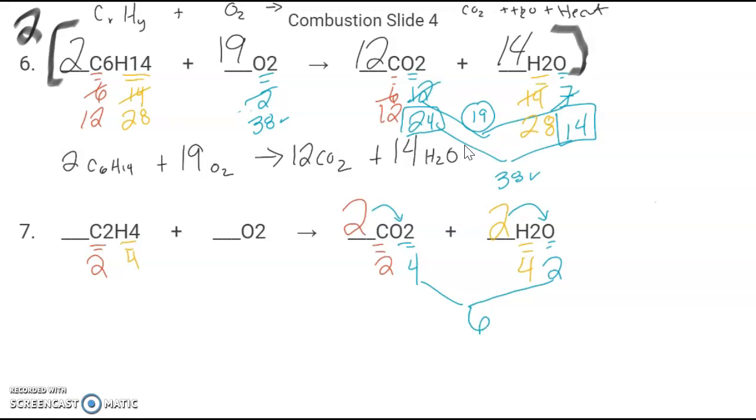In order to get 6 in our reactant, we need to say, okay, what times 2 is going to give me 6? My answer is going to be 3. So my final coefficients are going to be 1, 3, 2, and 2 for question number 7.